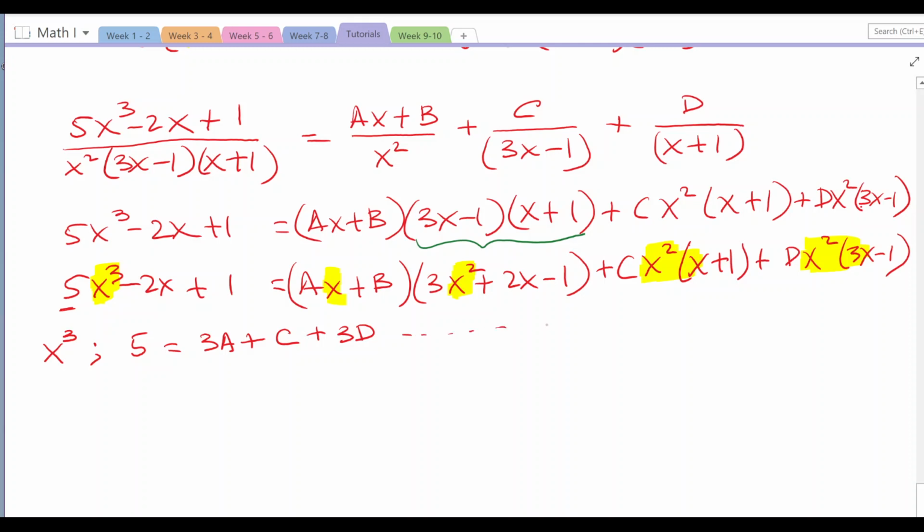So that's the first equation for x cubed.